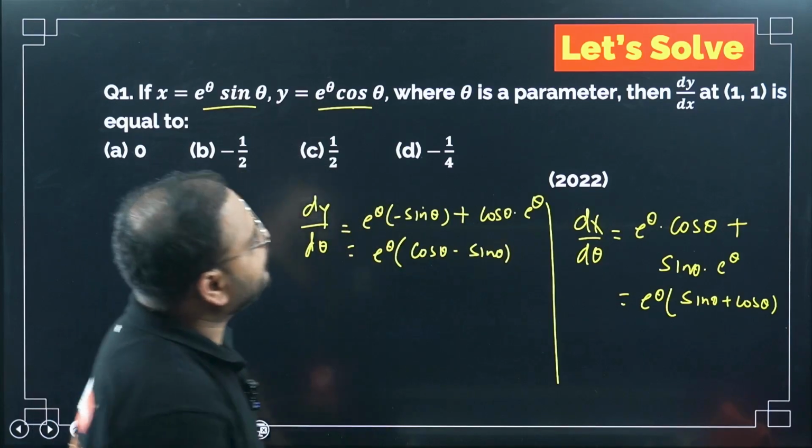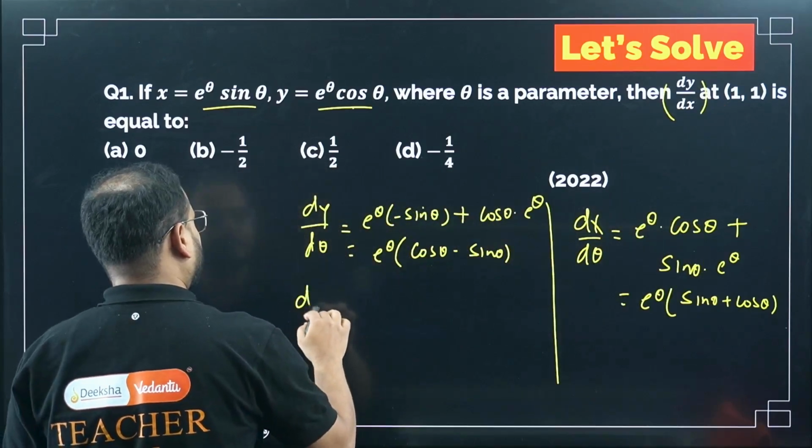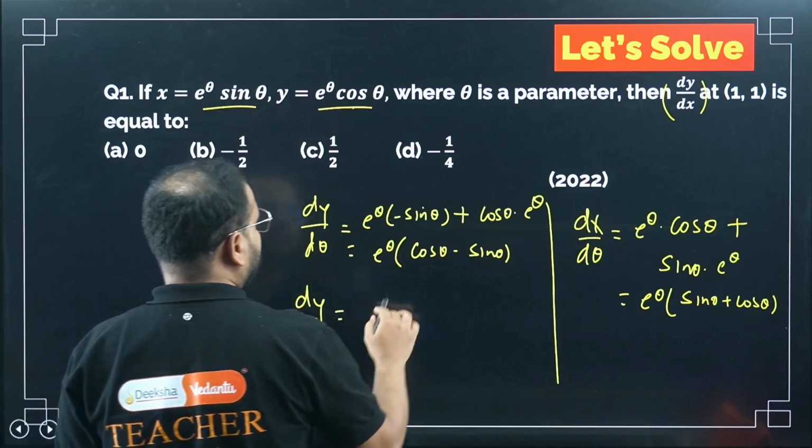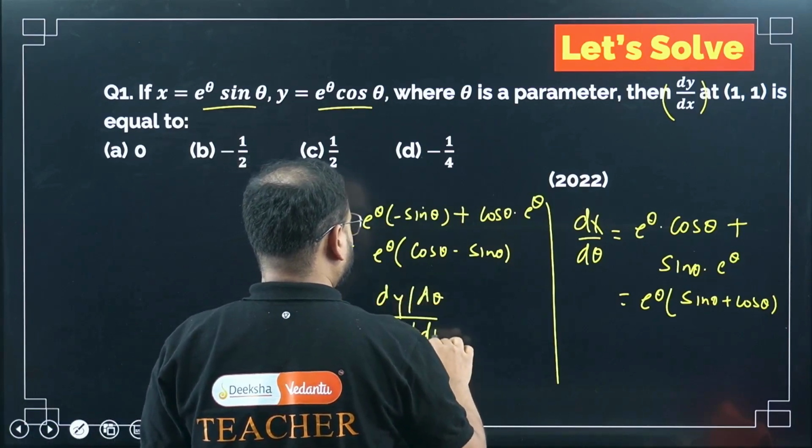Now I want to find the value of dy by dx. In parametric form, dy by dx is dy by d theta upon dx by d theta. Am I right or not? Yes.